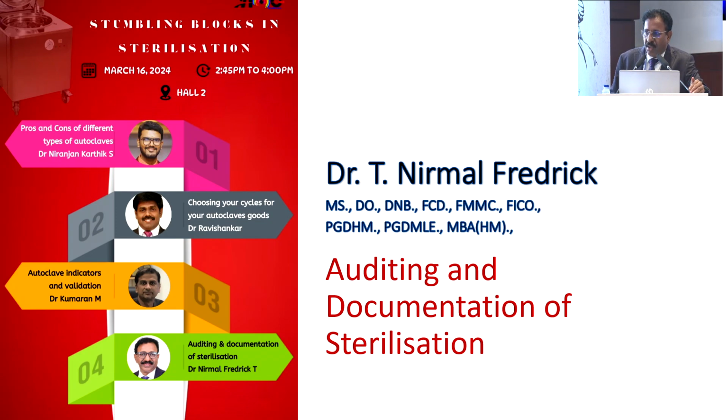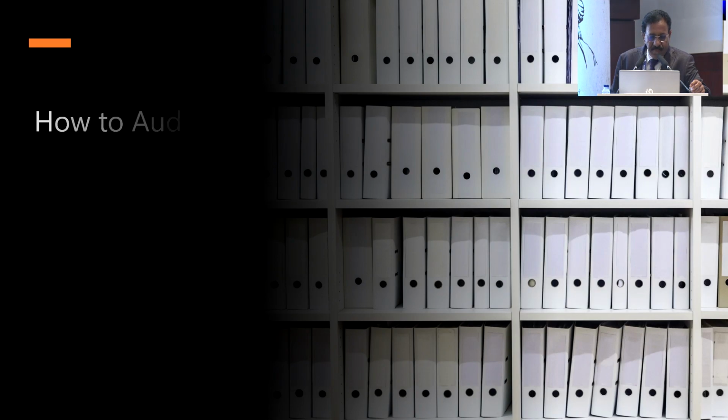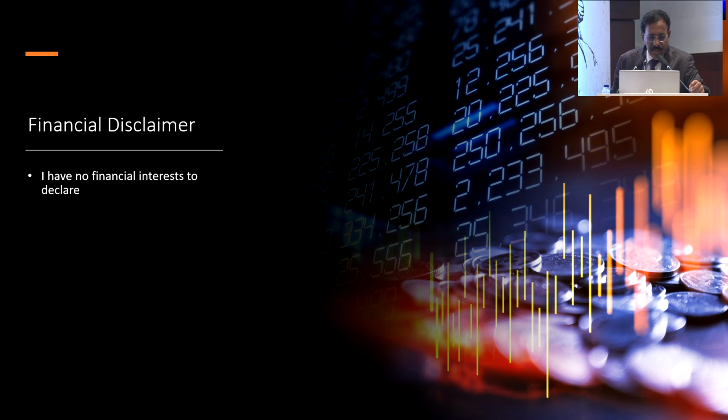So it's very important that we not only train our staff to do the process well, but also ask them to document the process. So how do we do that? We do that with the help of various registers and documents for sterilization. I have no financial interest to declare.